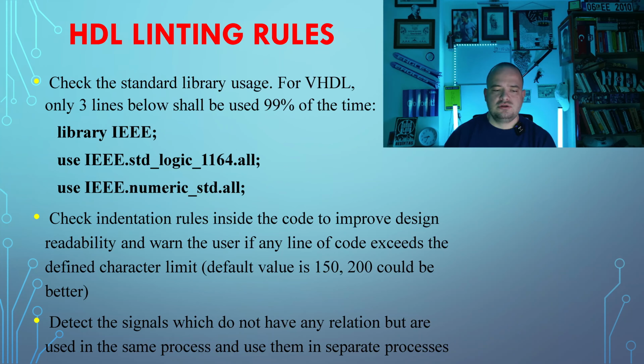So try to write precise, short, different processes, as long as their purposes are different. Otherwise, the length of the process increases. It becomes harder to read by your colleagues.